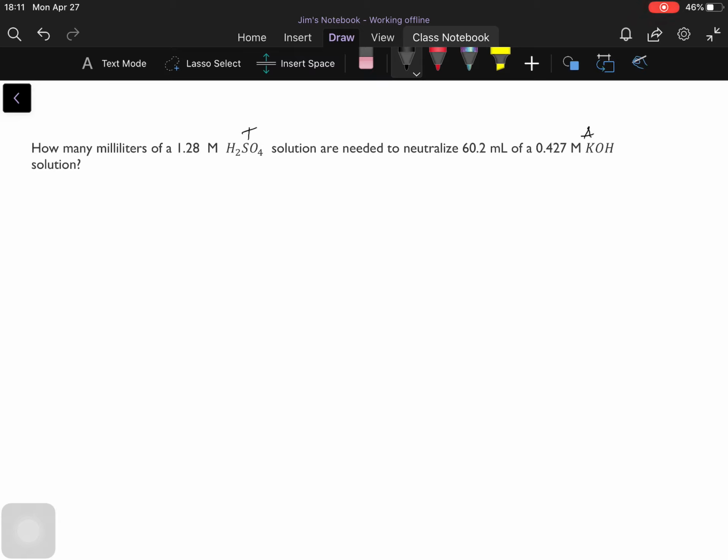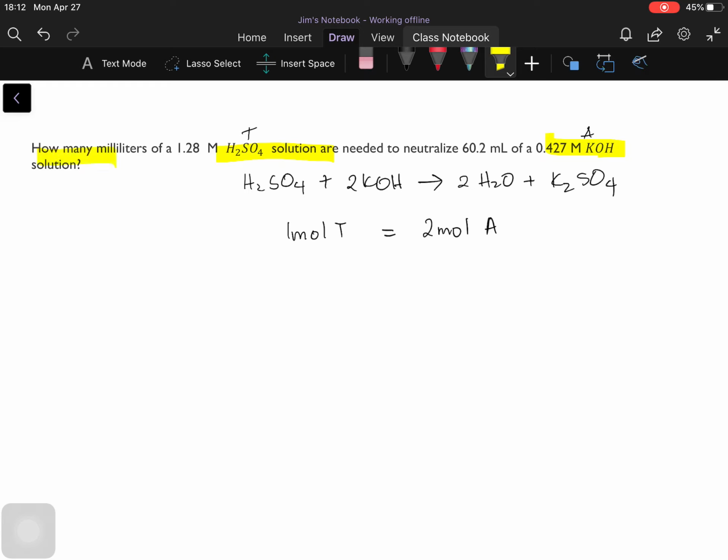The reaction is basically the same. So that's 1 mole of sulfuric acid plus 2 moles of potassium hydroxide, producing 2 moles of water plus our salt, potassium sulfate. So we have here 1 mole titrant being equal to 2 moles of analyte. Also, our titrant and analyte are in solution form.